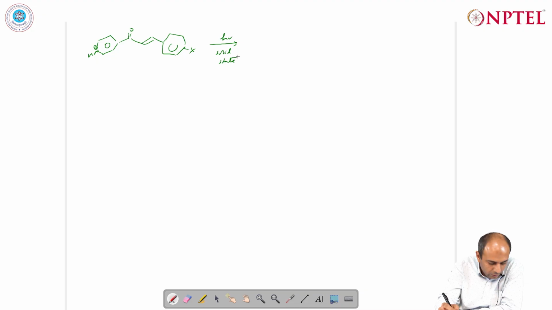So we can take another example of this where we extend it to N plus H X, h nu, solid state. This will now lead to the formation of CO2R, CO2R, PyH PyH.